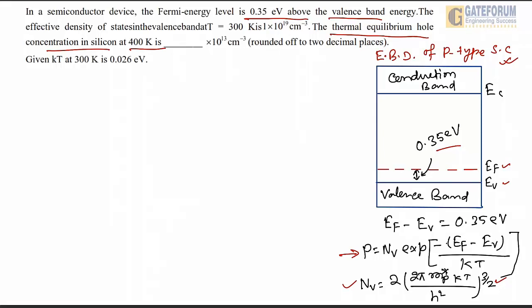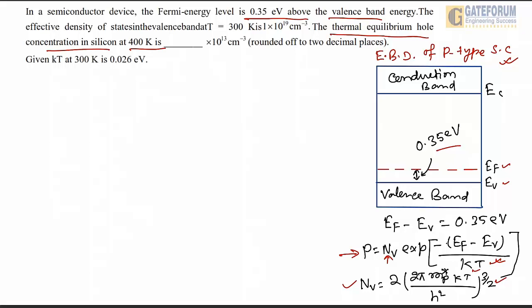So this Nv is a function of temperature, the remaining parameters are constant, and p is a function of Nv. So p is indirectly a function of temperature. Also, in the numerator it is given as kT, so kT is also a function of temperature.